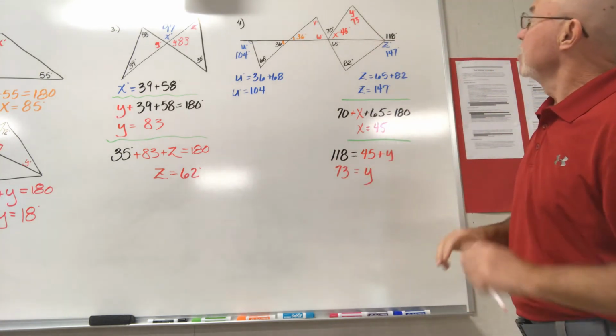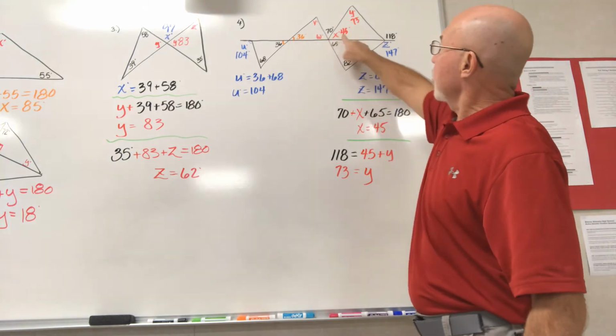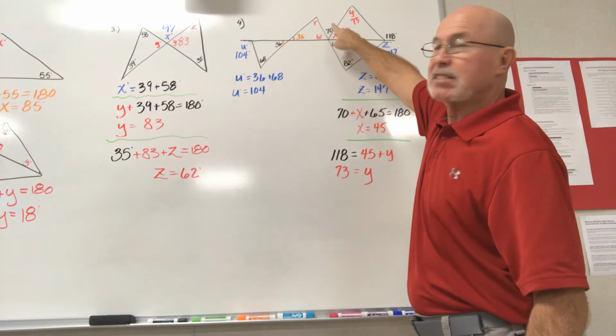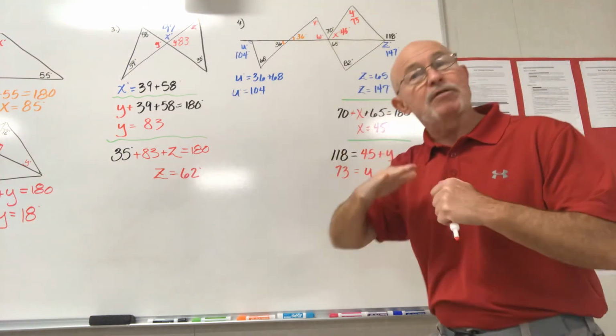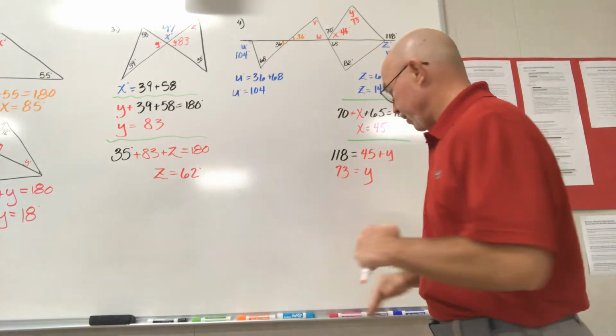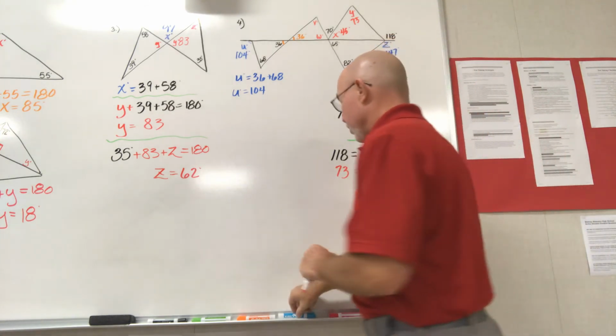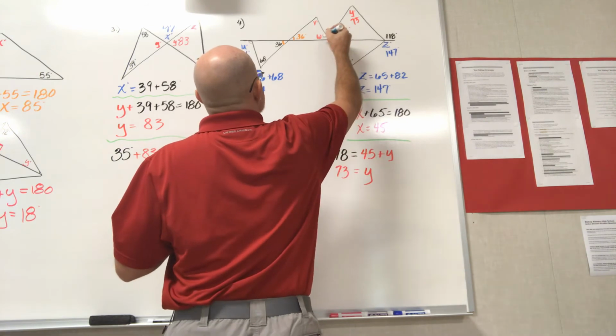That's all we're doing. Now here I have 45 and 70 and w. There's another straight line that's 180. So look at this.